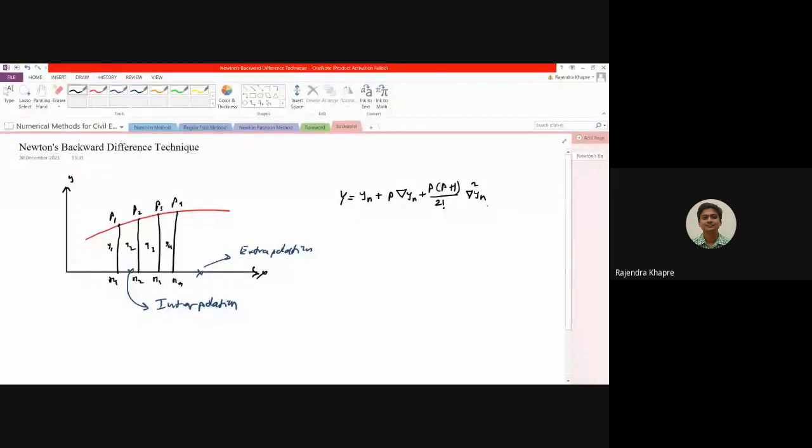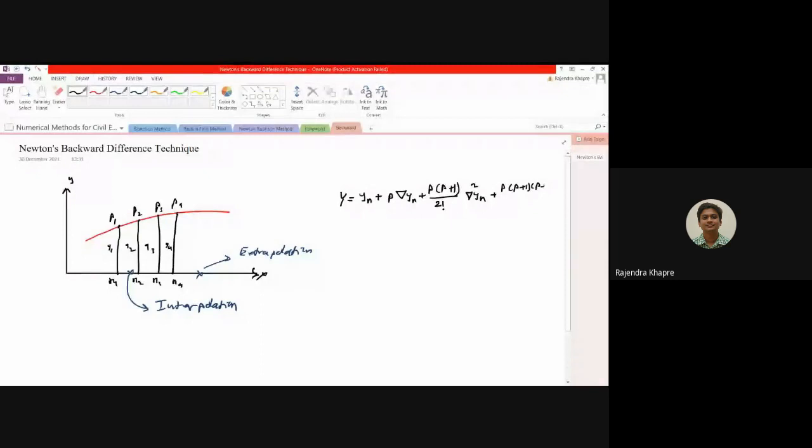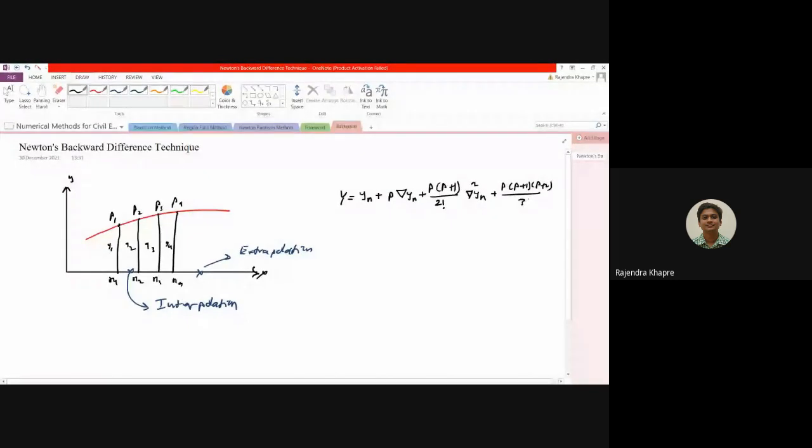Earlier in the forward difference method it was delta square y0. Then plus, again we have p into p plus 1 into p plus 2, divided by 3 factorial.